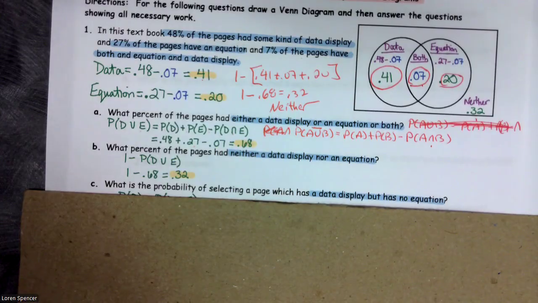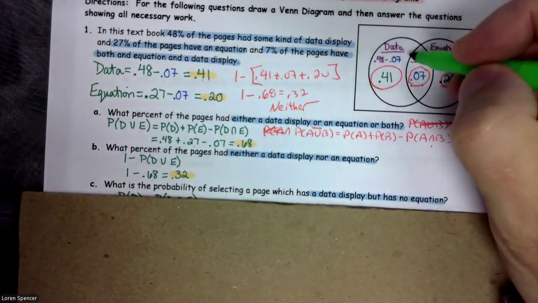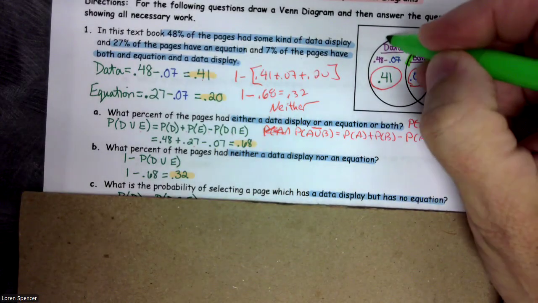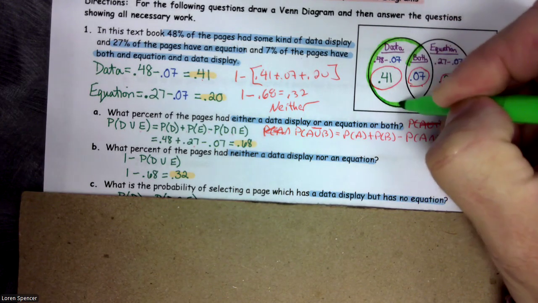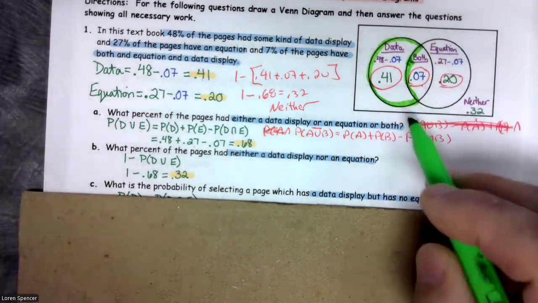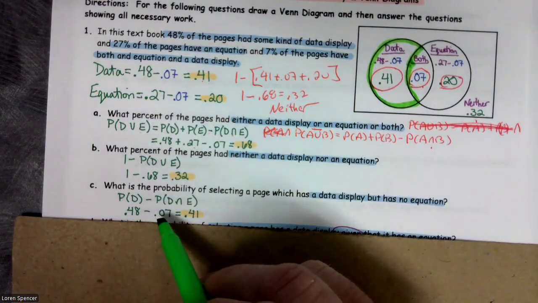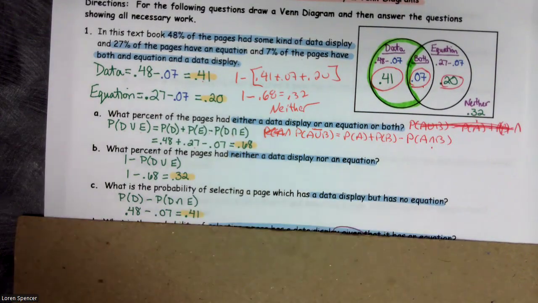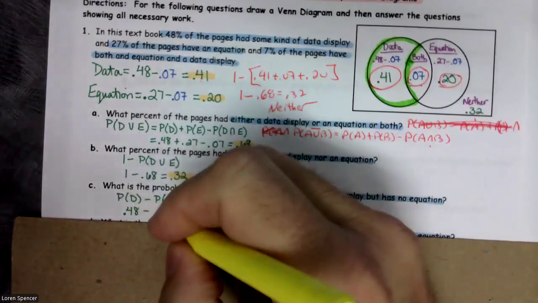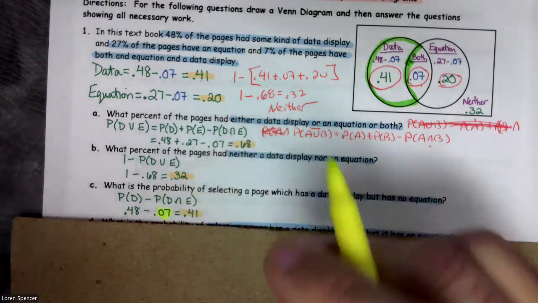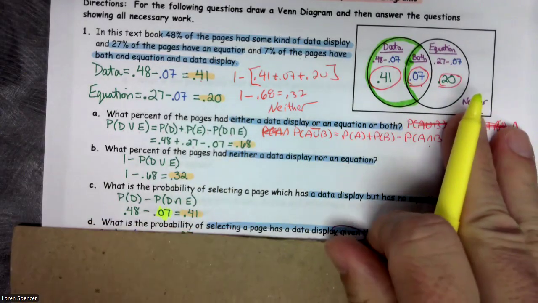The part that has no equation is just this part right here. Well, how much is that part? That part is 0.41 because it's the data minus the overlap. And we're subtracting out the overlap because the overlap includes equations.